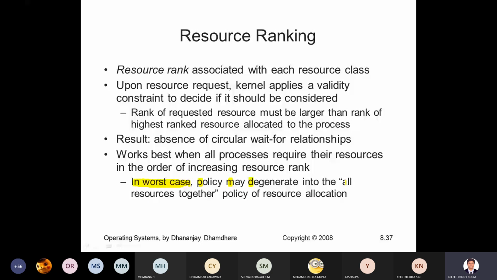So this is one approach. If this approach fails, we use the all resources together policy to overcome that problem. Correct? Because we are creating a rule to resolve the problem, if that rule itself creates a problem, then that rule has to be overtaken by the other rule. That's what we are trying to do using this process.